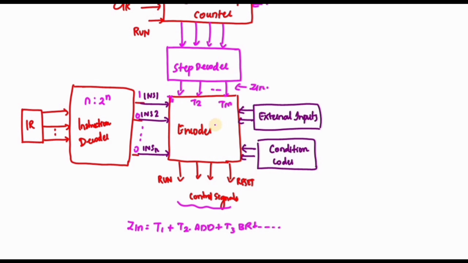The T1 is asserted during the time slot T1 for all instructions. Okay, and I can write T2. T2 is for add. Okay, plus T3 for branch, registers, etc. Let me write it up to Tm.